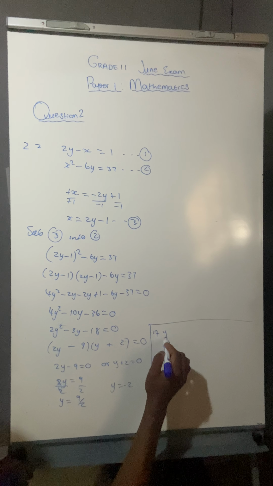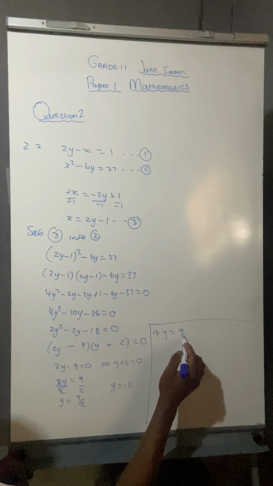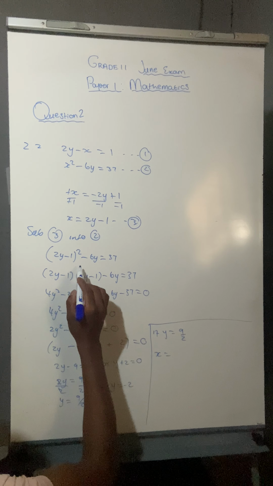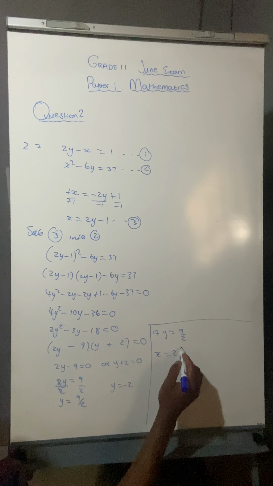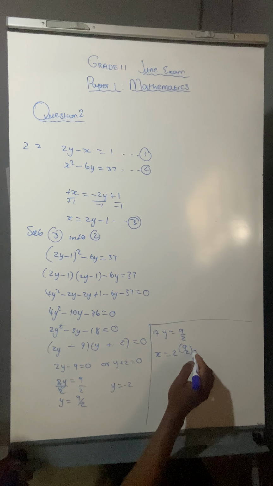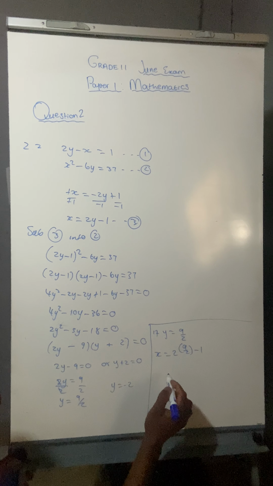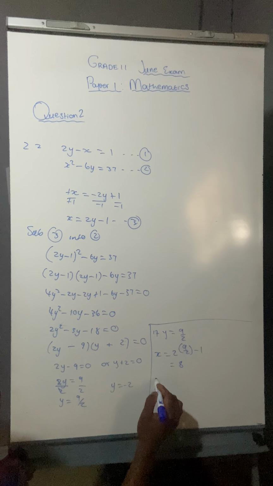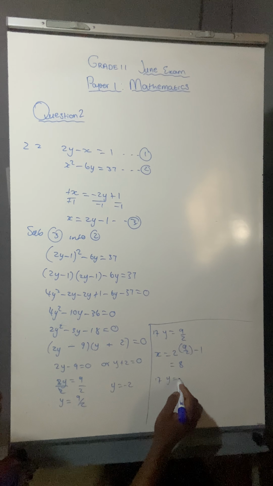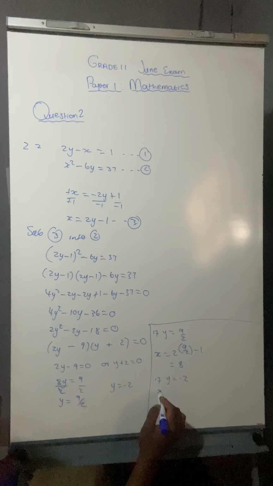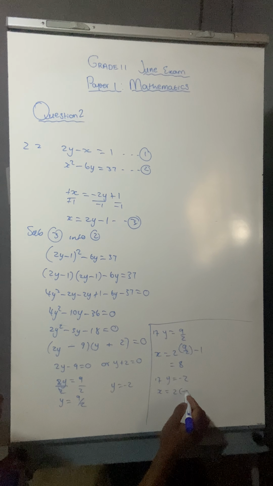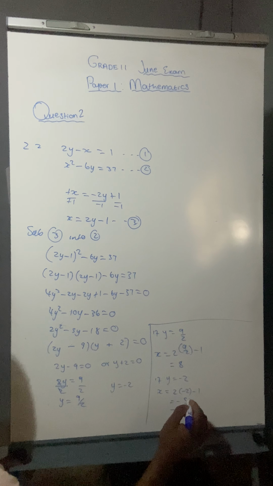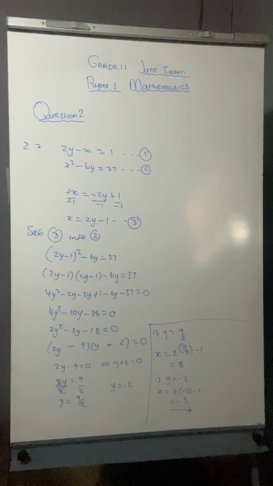If y equals 9 divided by 2, then x equals 2 multiplied by 9 divided by 2 minus 1, which is 8. Then if y equals negative 2, then x equals 2 multiplied by negative 2 minus 1, which is negative 5. So that is how we do it, guys.